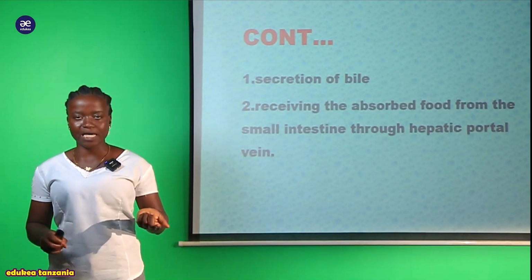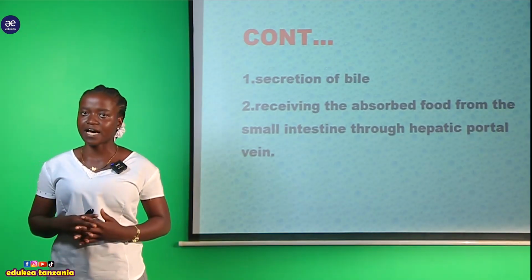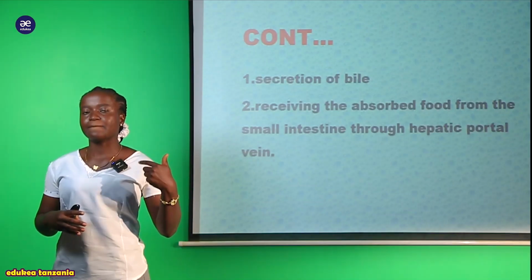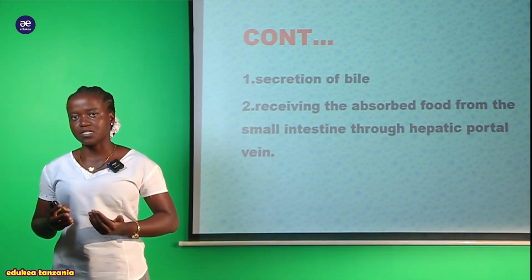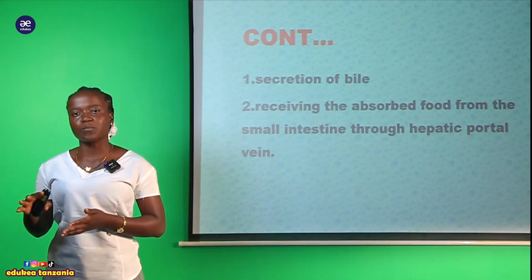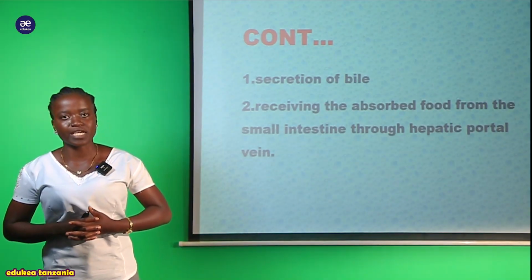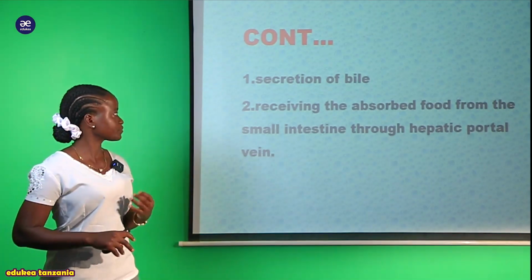This bile ndio ambayo inakuja kuneutralize acidic kind that are coming from the stomach, since within the stomach is where the food is more acidic. Kwa ajili sasa iende for more absorption, inahitaji the presence of bile that contains a lot of base that helps to neutralize the food.